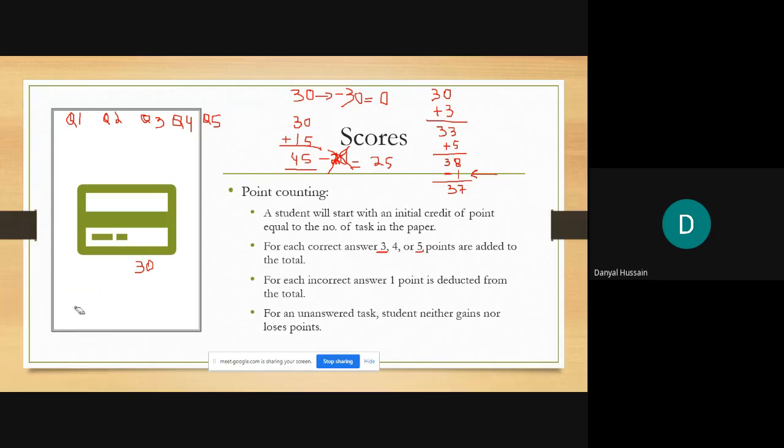In these 5 questions, we have different marks. So if we have 5 questions in our contest, it means our initial points are 5.